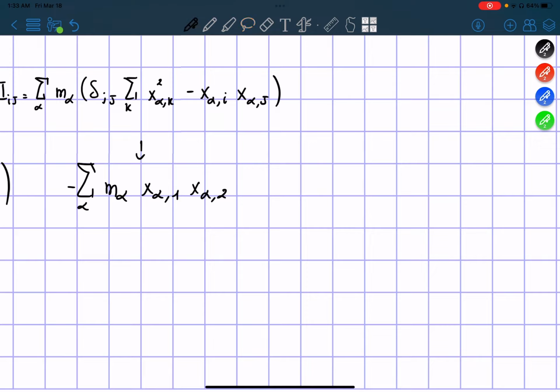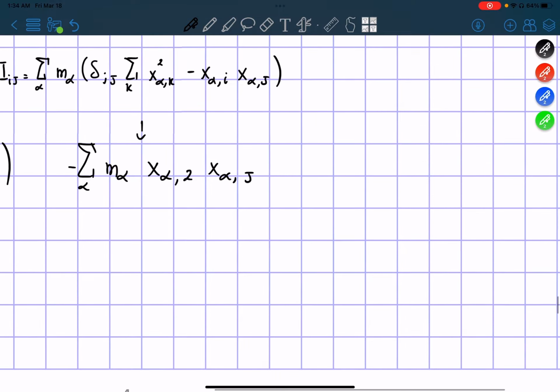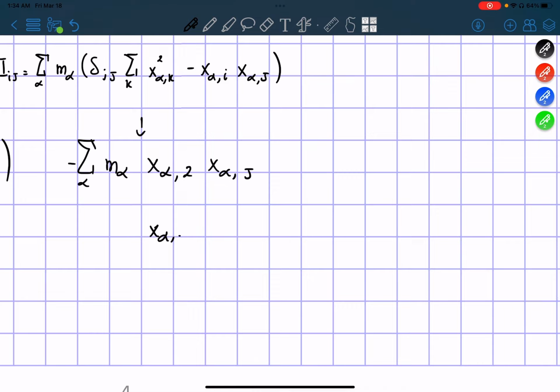Now, why did we change the I and not the J? Doesn't matter. You want to change the I, you want to change the J? Well, let's imagine instead of changing the I, you change the J. So you have x alpha 2 and x alpha 1. Oh, I forgot, here's 1. This is the same thing as x alpha 1 x alpha 2.